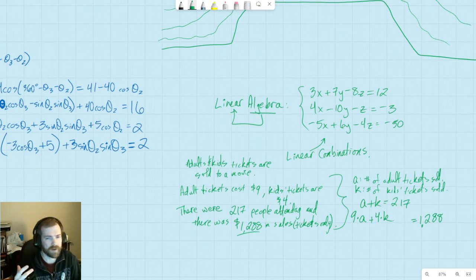It doesn't really matter. The point here is that throughout all of this stuff, we've got a linear combination of our variables. Some sort of constant multiple times the variable. You don't see A squared. You don't see A times K. You don't see the square root of A. Again, the square root of 3 would be a perfectly valid value to have.